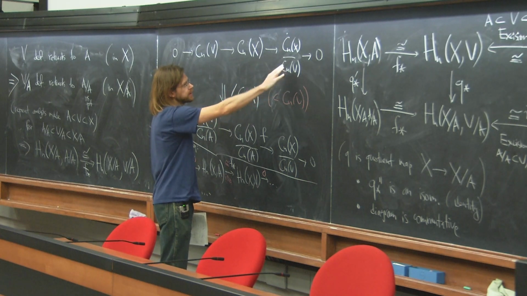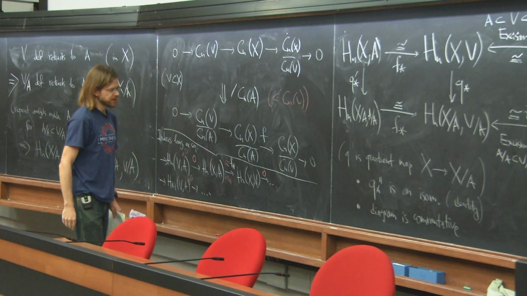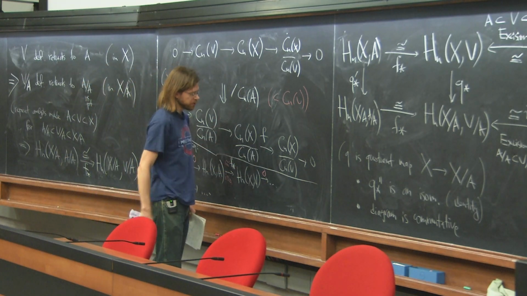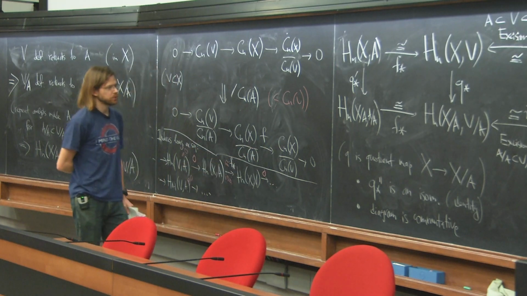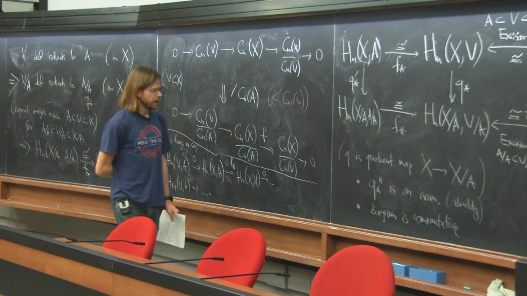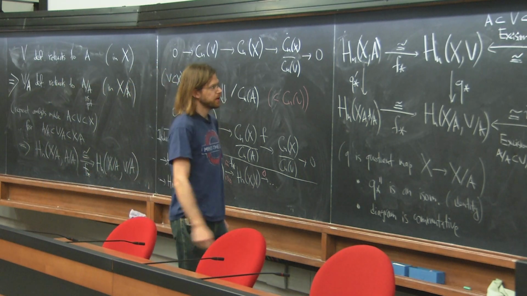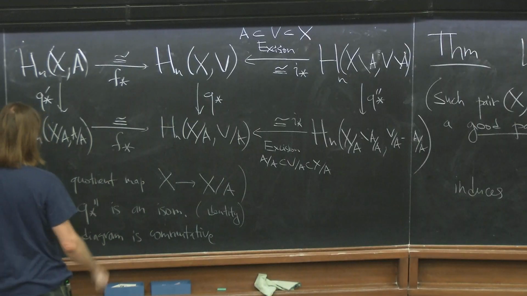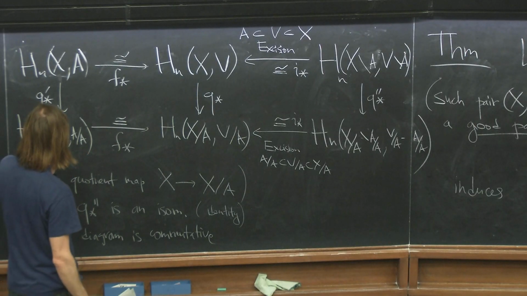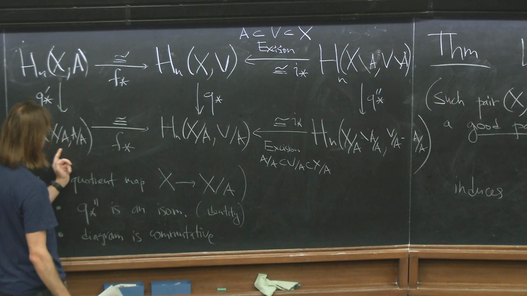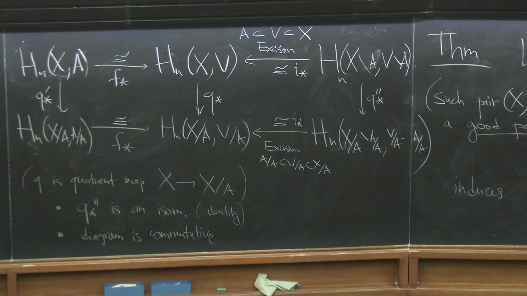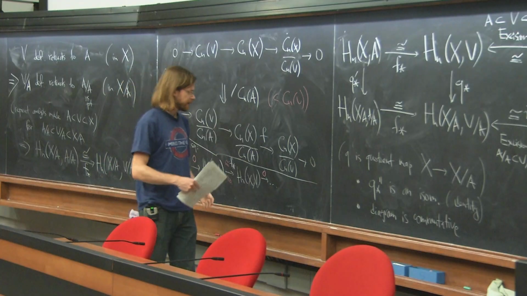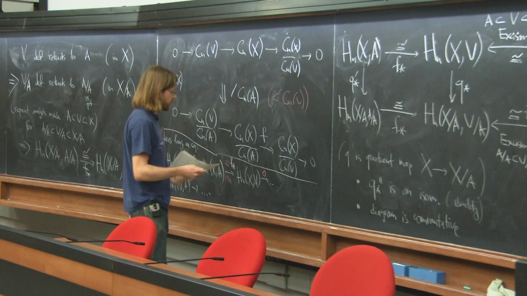So you quotient over all chains contained in V. And you do the same thing here, but you first quotient with respect to all chains contained in A, and then you quotient with all chains contained in V. This is for the map here, and here you do the same thing, but on the topological spaces quotiented with respect to A. You can consider this quotient map induced on the corresponding chains, and it's easy to see that the corresponding maps on the chain complexes obviously commute.